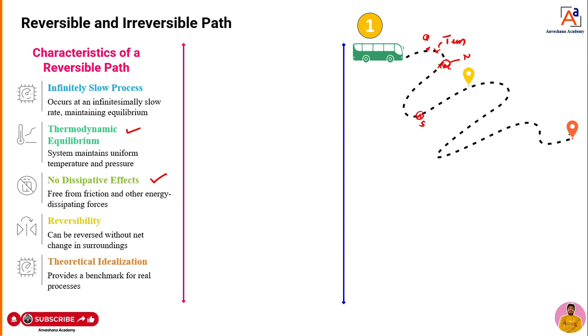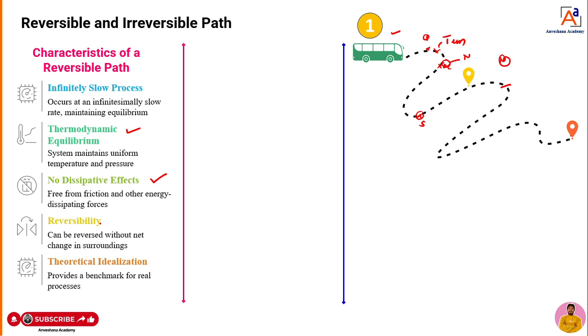Once the system reaches its final position, it will come back to its original position, but there are no changes on the surroundings. That type of path we call a reversible path. If the system returns to its original position with no changes in the surroundings, that is a reversible path.